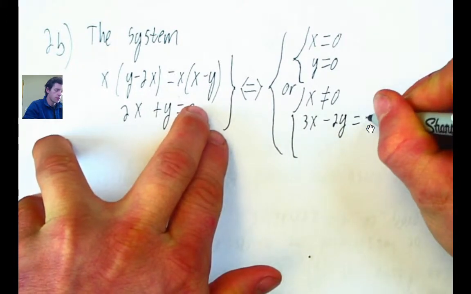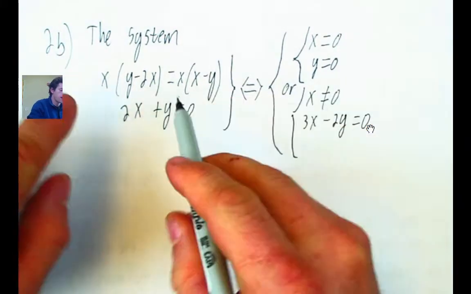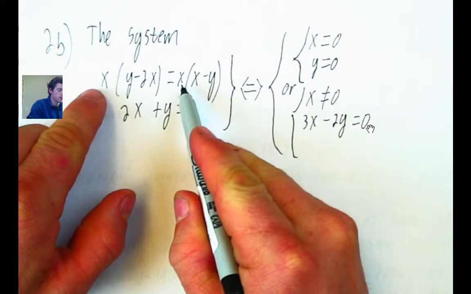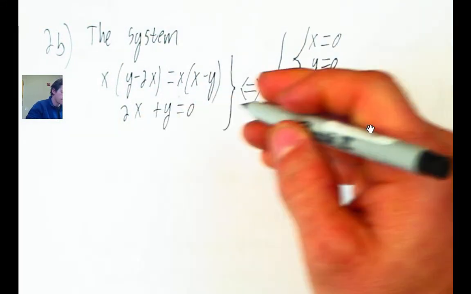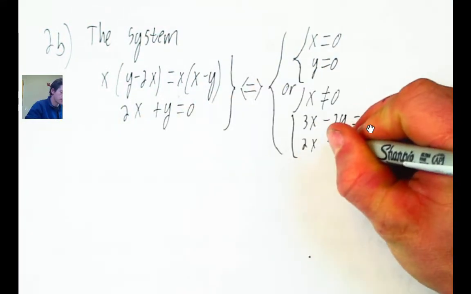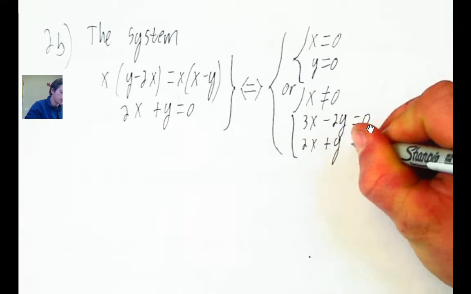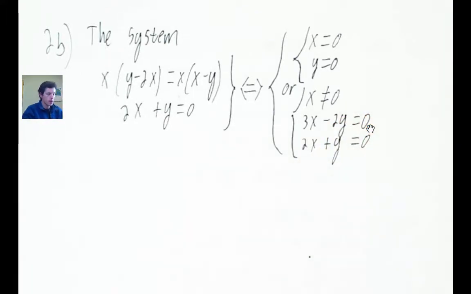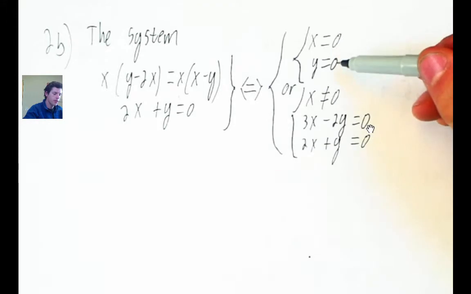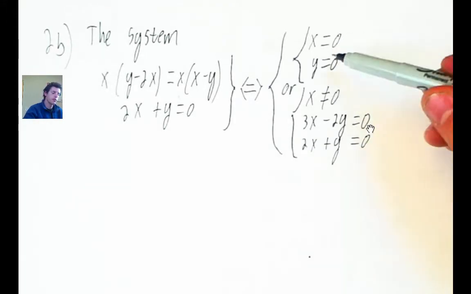And then that would be equal to 0 because everything would have been moved over. I'm imagining this equation with the x canceled on both sides. And then 2x plus y is equal to 0. Okay, so either this or this. We can get a solution out of this or this.